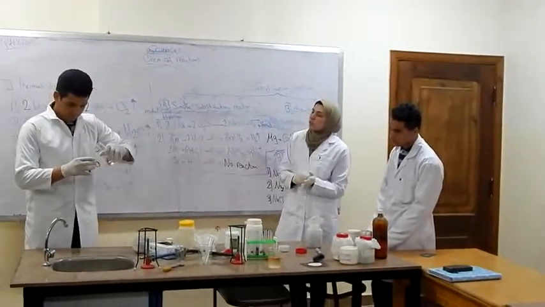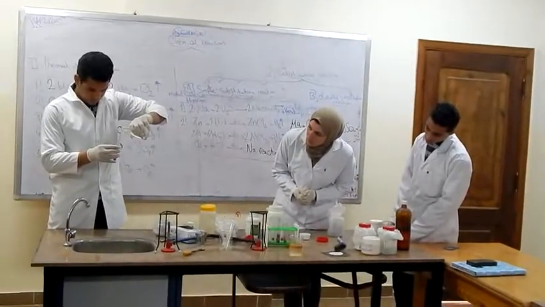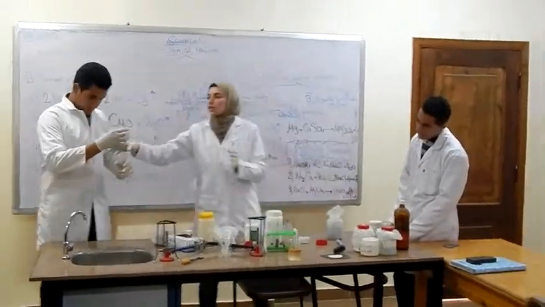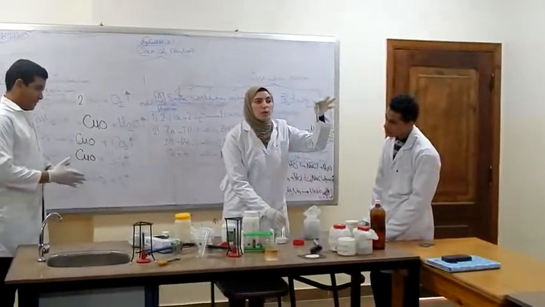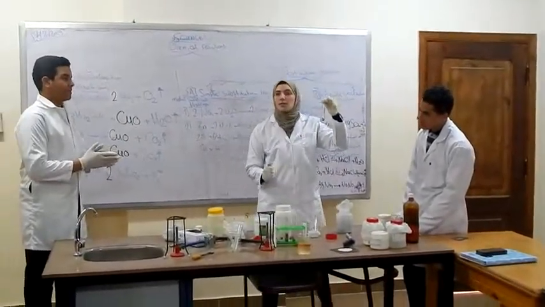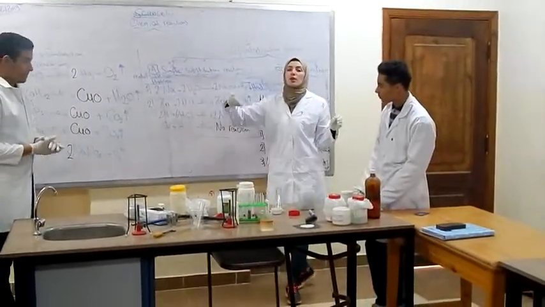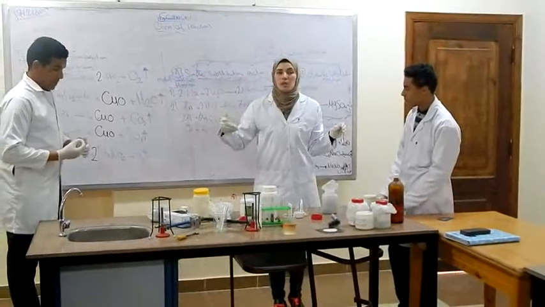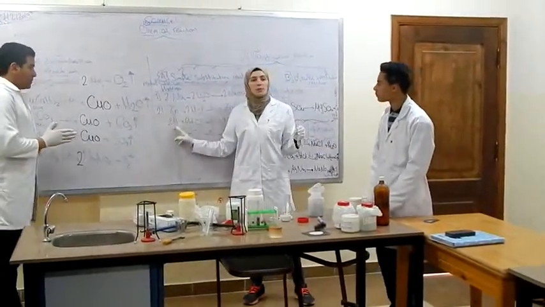Pour hydrochloric acid above the copper metal. Nothing. No reaction between copper and hydrochloric acid. Why? Because copper is less active than hydrogen, as it follows hydrogen in the chemical activity series, while zinc and aluminium react.